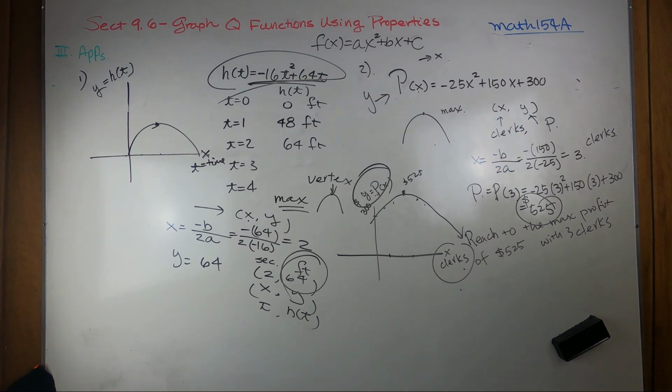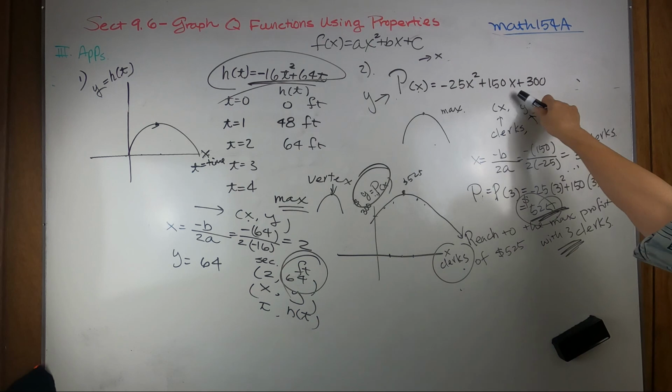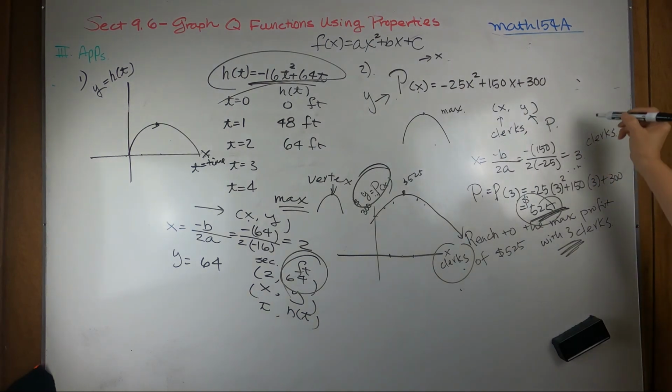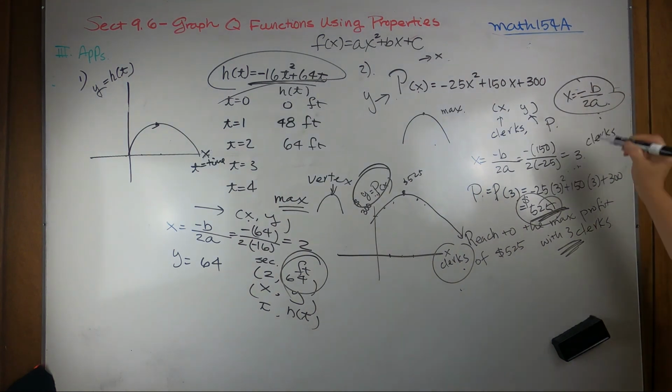Okay? Got the idea? So the maximum profit is $525. How many people do you need to employ, the clerks? 3. If the function is given, you can do it with your formula. x is what? Negative b over 2a to find your vertex.